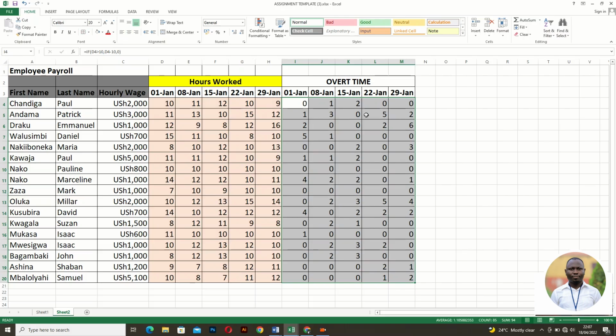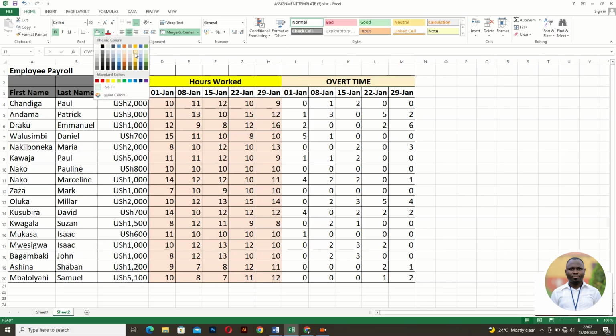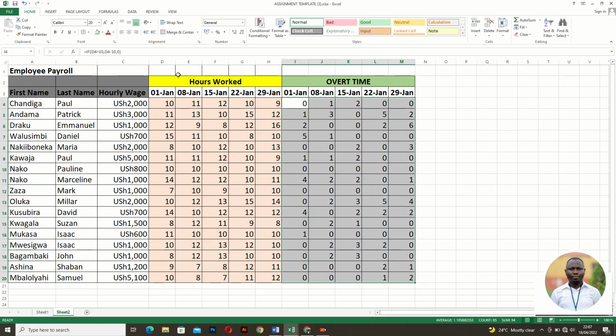So we have found the overtime. Then we can give maybe this overtime of hours a different fill. Let's give it this. Then here, let's give it a lighter version of that color, and we have something like that.